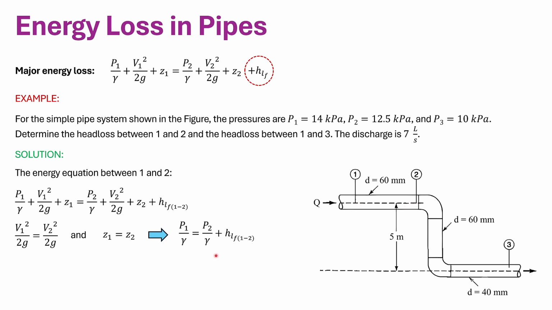As a result, this whole formula simplifies to P1 over gamma equals P2 over gamma plus HLF from 1 to 2. And by plugging in the numbers, we get HLF from point 1 to 2 equals 0.15 meters.